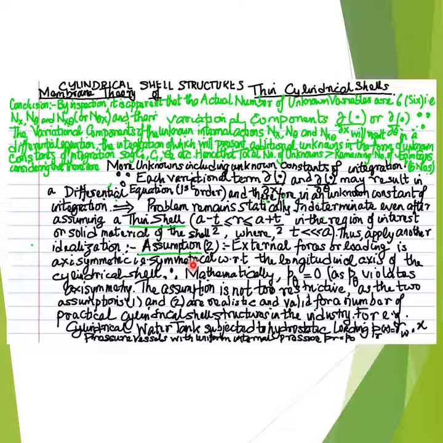A rational and realistic assumption that is mathematically valid and also physically realistic is that the external forces or the external loads, that is the external loading, acting on the cylindrical shell structure of which the differential cylindrical shell element is a part, are axisymmetric.